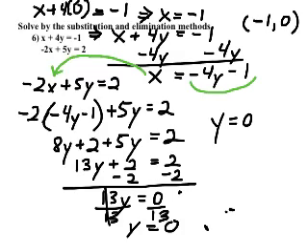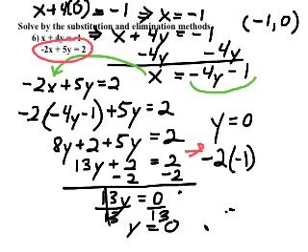Now we plug that into the other equation just to make sure. Okay, so negative 2, I'm using this equation now, right? Negative 2 times negative 1 plus 5 times 0 equals 2.